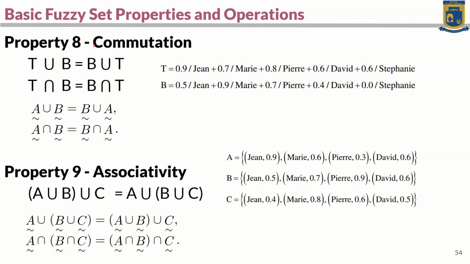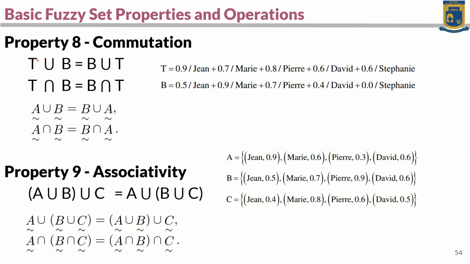So here let's look at commutation. That means if I find a union between the two, it doesn't matter if I flip it, it's the same thing. I'm not going to waste time.